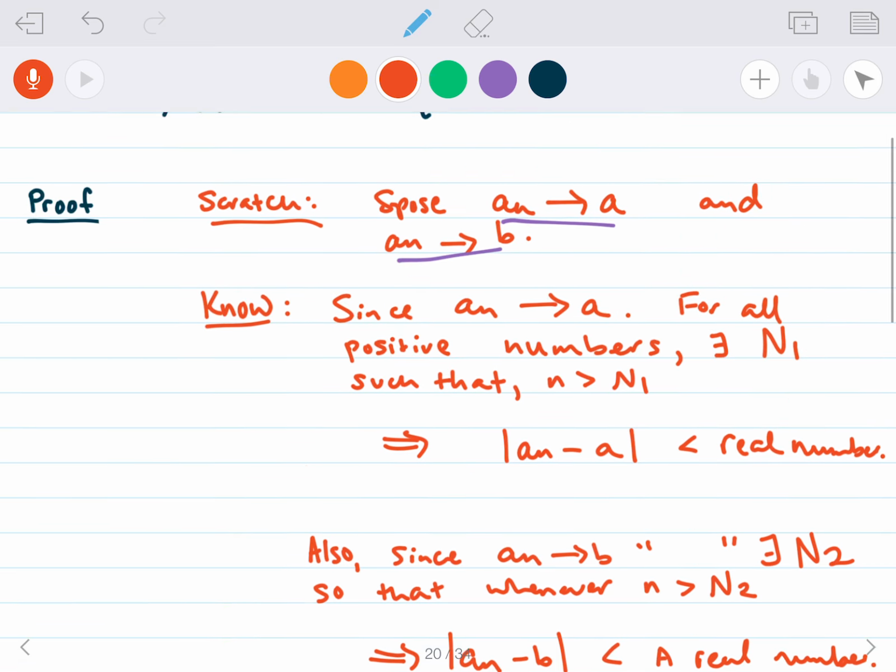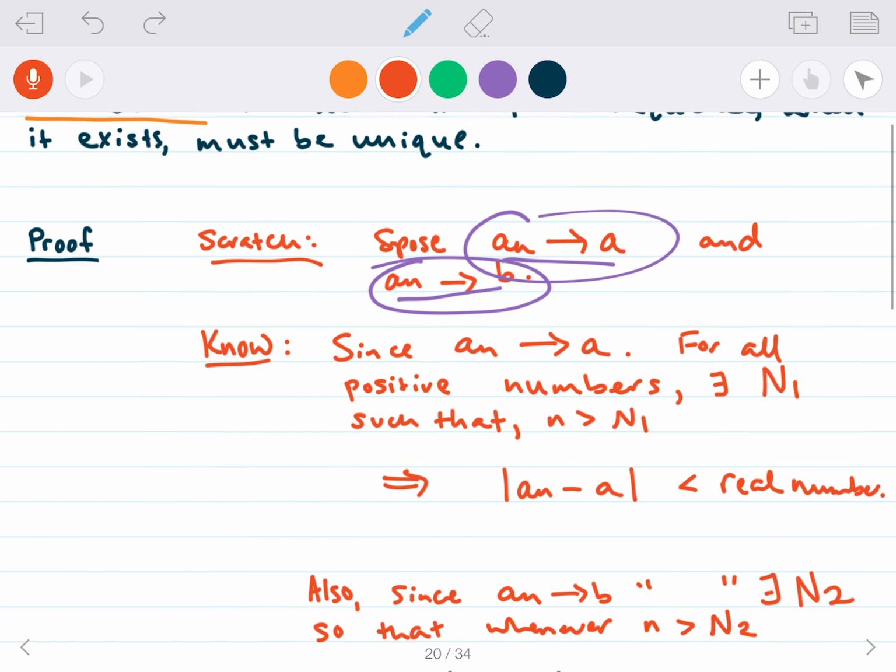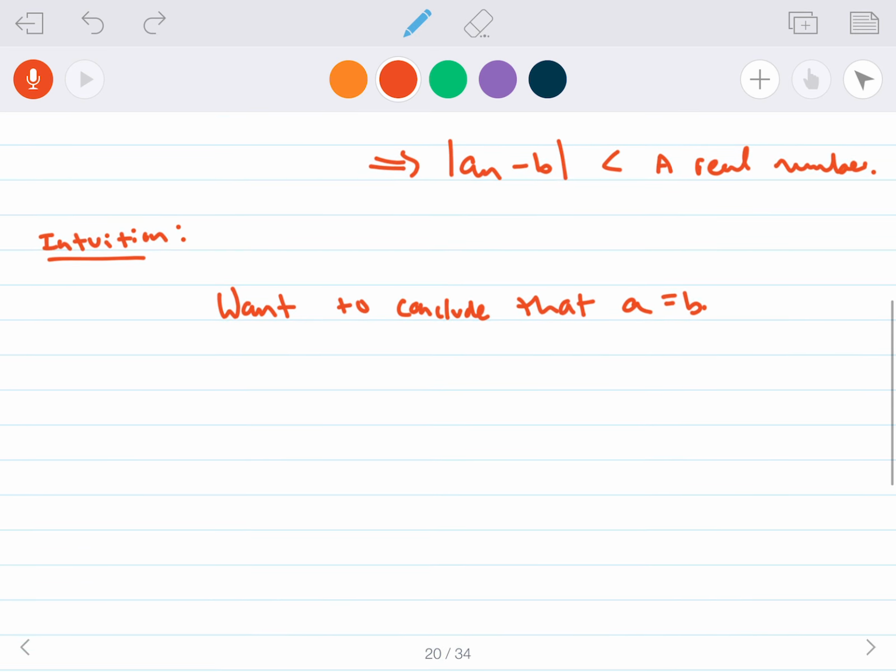Okay, so like we said, let's let our sequence converge to two things. Let it converge to A and let it converge to B. And I want to show at the end that A actually equals B. And so this is where my thinking is. This is why I'm going to set it up as I do, because I want to show that the absolute value of A minus B is equal to 0.